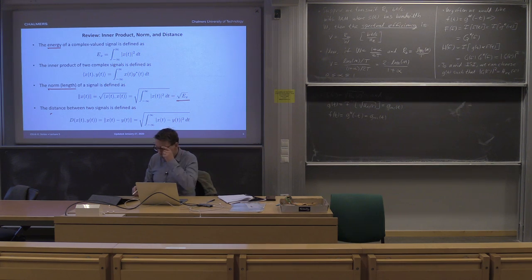The distance between 2 signals we will use in our minimum distance receiver. We want to compute the distance from the received signal to all signal alternatives, and pick the best signal alternative, the one which is closest to the received signal. So any questions on these definitions?